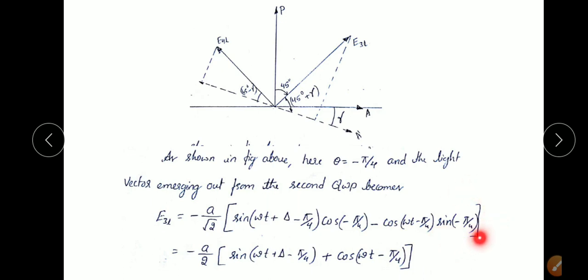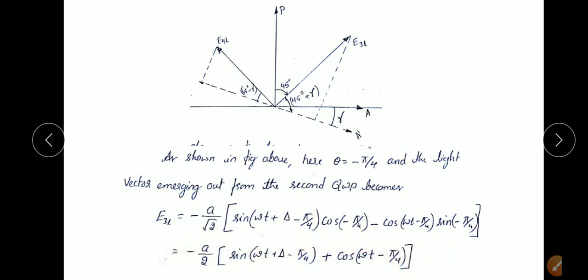So the same equation is considered with the minus pi by 4 angle. If you simplify this, you get minus a by 2 into sine of omega t plus delta minus pi by 4 plus cos of omega t minus pi by 4.